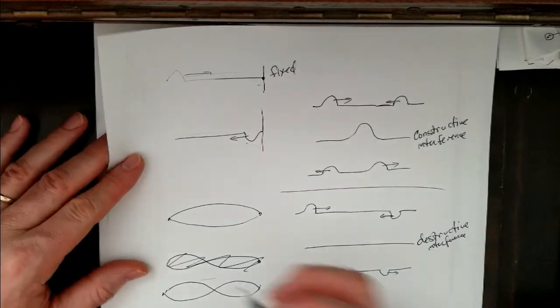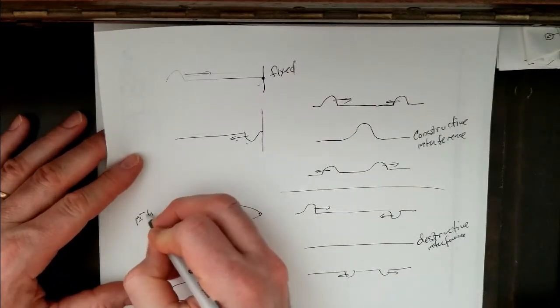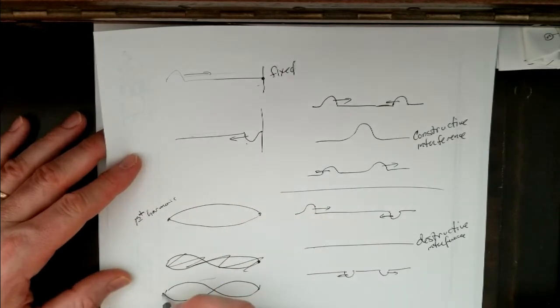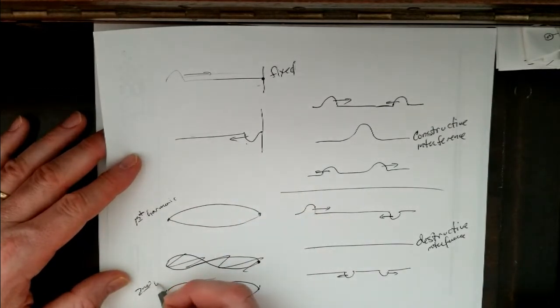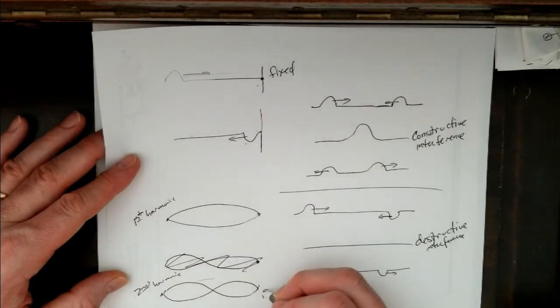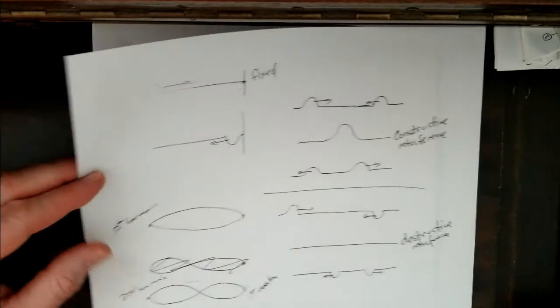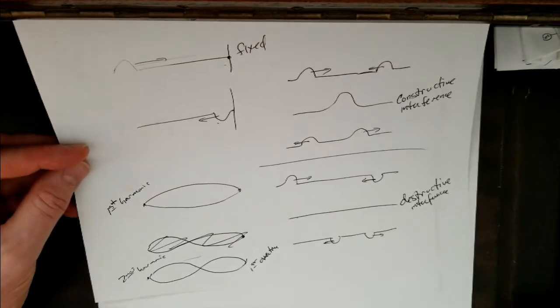This is known as the first harmonic. This is known as the second harmonic. Some textbooks will call it the first overtone. And then so on, you get third harmonic, fourth harmonic, and so on.